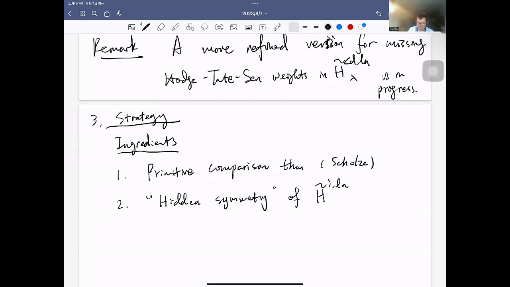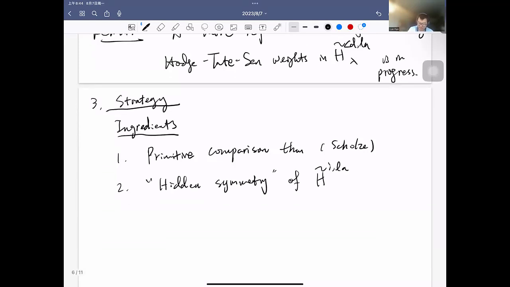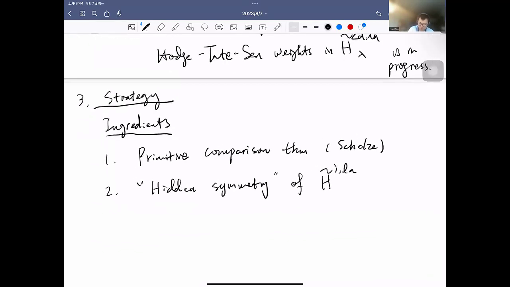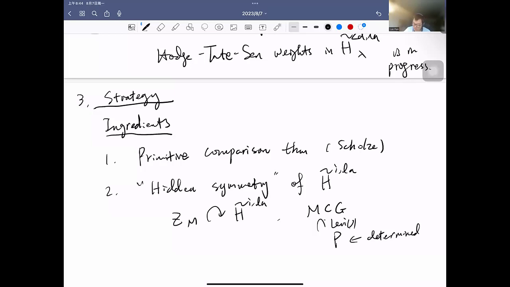Roughly speaking, there's an action of Z_M on it, where M is a subgroup of G, the Levi of a parabolic, determined by the Hodge cocharacter.